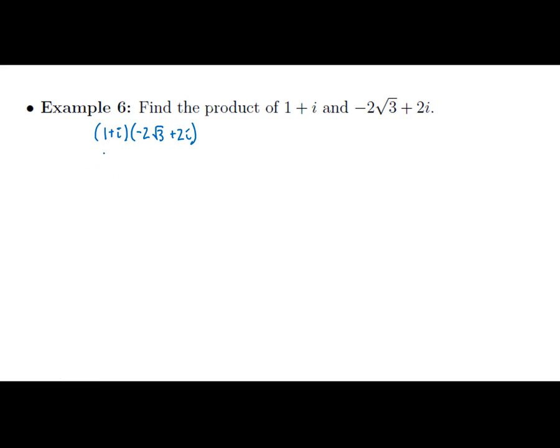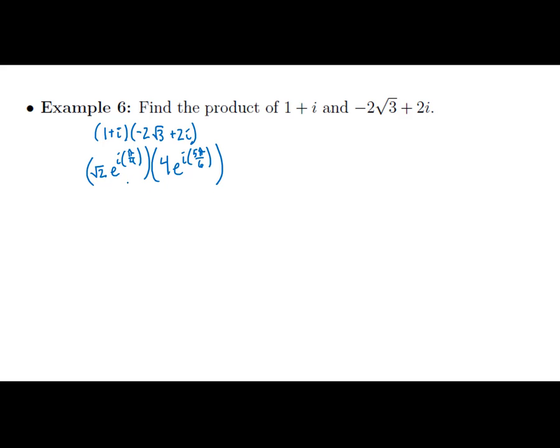So instead of 1 plus i, I'm just going to write square root of 2 e to the i times pi over 4. And then here, I'll write 4 e to the i times 5 pi over 6.